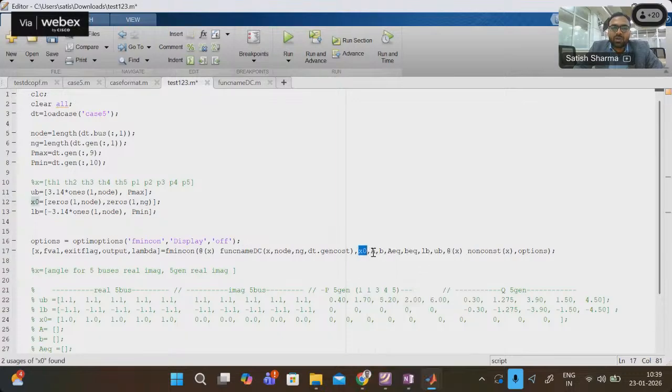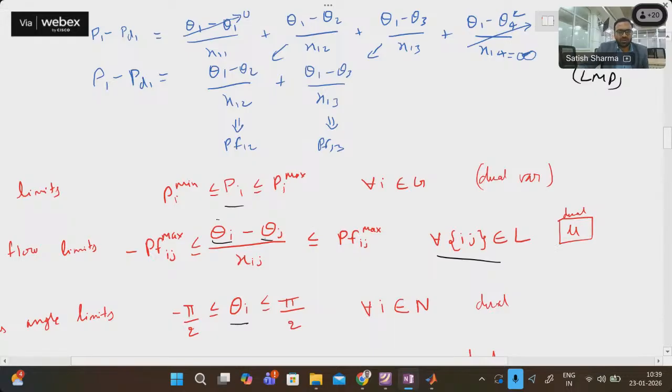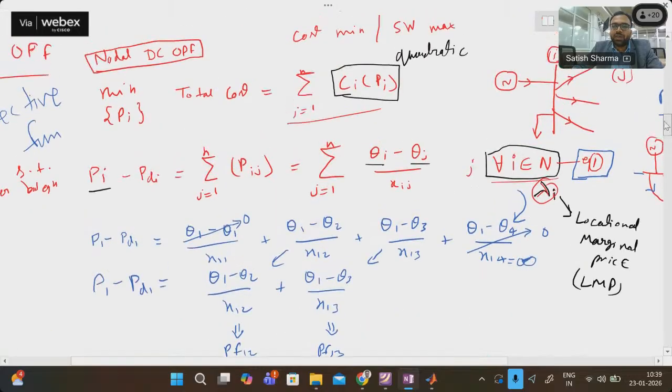Now, should we define A and B equality constraints? What are the equality constraints here? The power flow limits, right? These are actually linear, but for this particular demo, I'm going to consider these as non-linear constraints, so I will not define those here. Similarly, the power balance equation is also a linear one, but I will define these equations as non-linear as well.